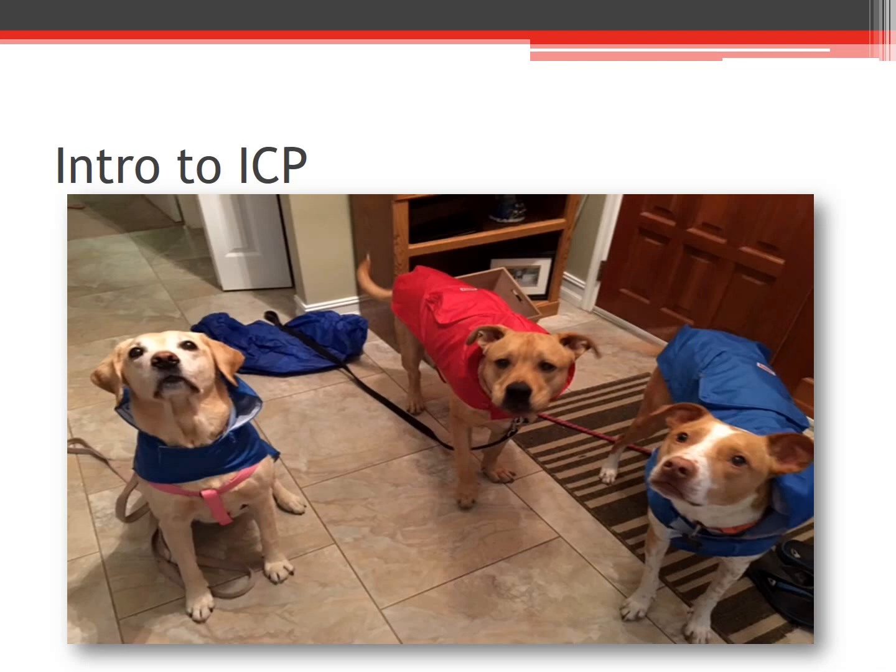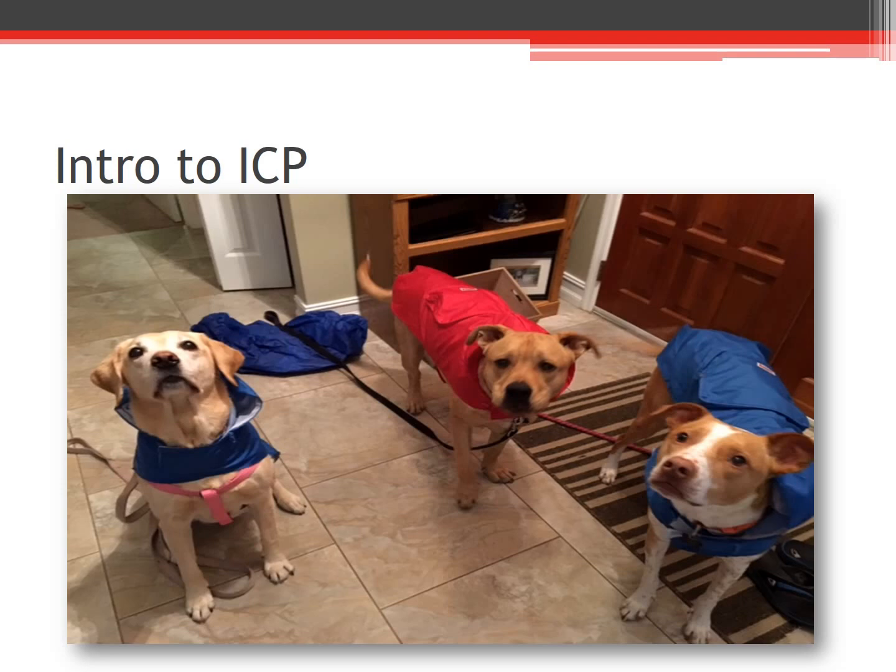So, what in the world do Abby, Ruger, and Beretta have to do with intracranial pressure? Well, just like a human, they have a skull, they have a brain. The purpose of the skull is to protect that brain, and they have intracranial pressure, just like human beings.